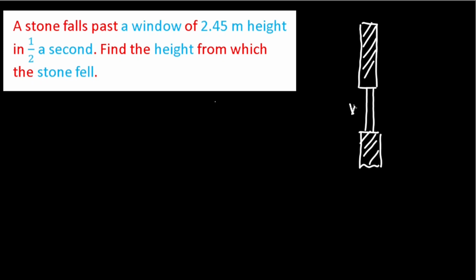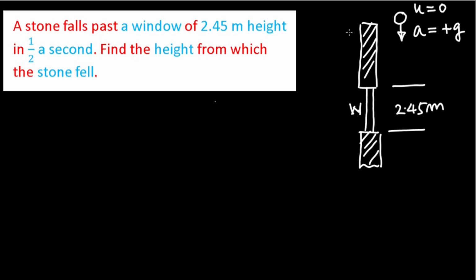So this is the window whose height is 2.45 meter. Suppose the stone falls from somewhere here, and since it is falling down, its acceleration will be plus g, its initial velocity u is 0.